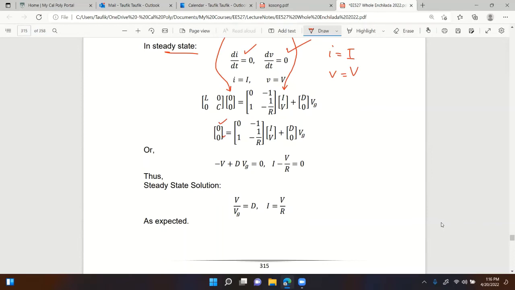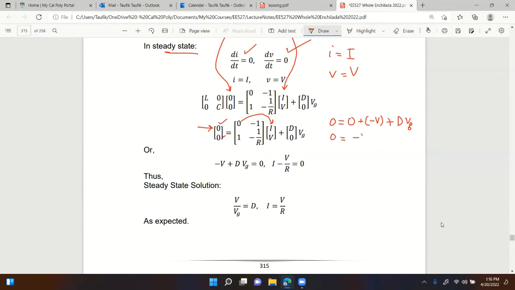And on the right-hand side, you get the same thing, but go ahead and carry out the equations. For the first row, 0 is equal to 0 times I, that's going to be 0, plus minus 1 times V, so that's minus V, plus dVg. That's from the first equation.